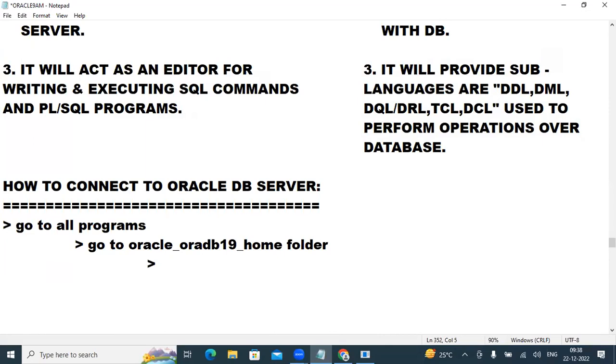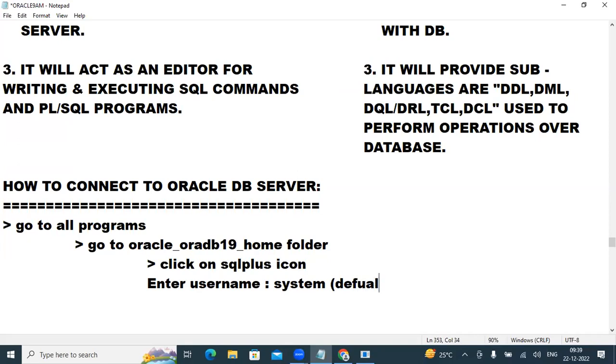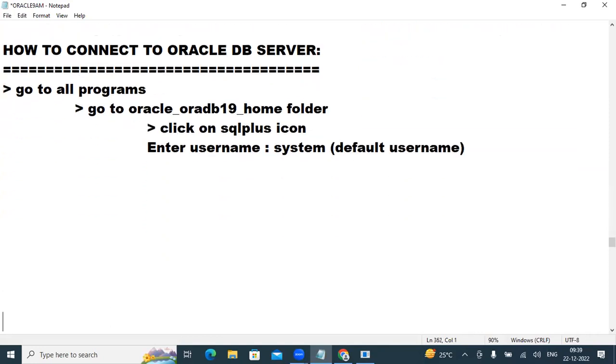Next, click on the SQL Plus icon. It asks you to enter a username. My username is system, which we also call the default user, the default username given by the Oracle company.